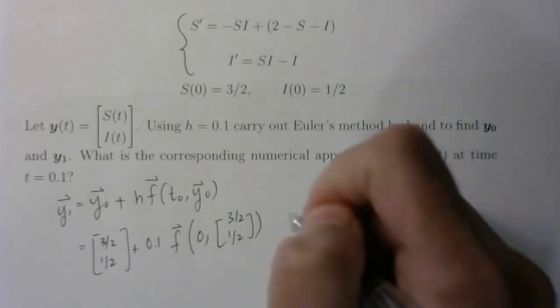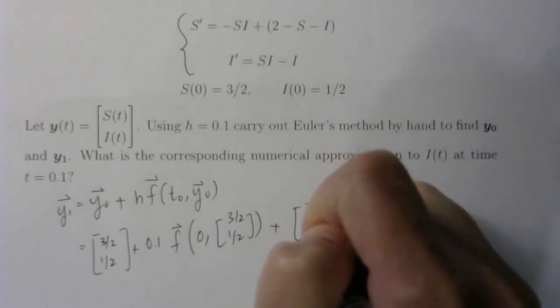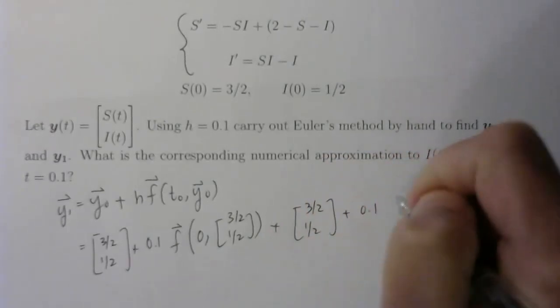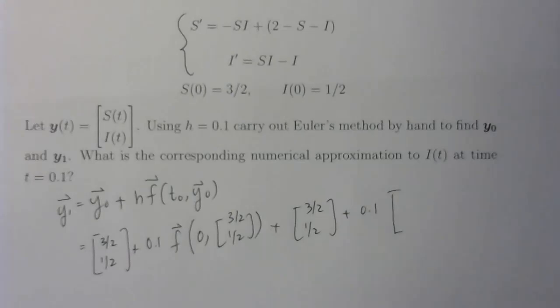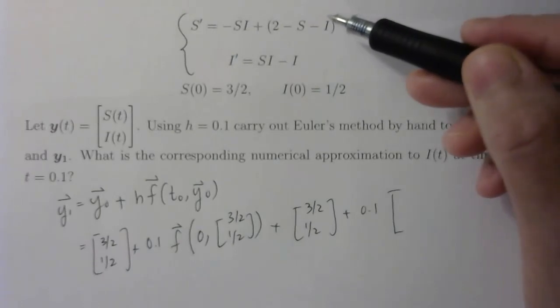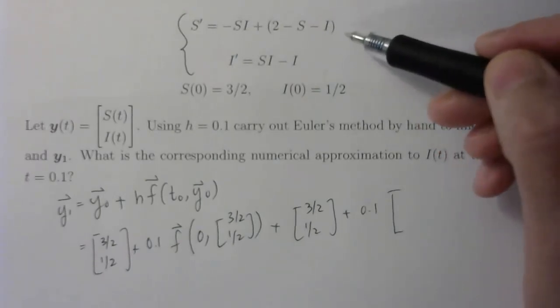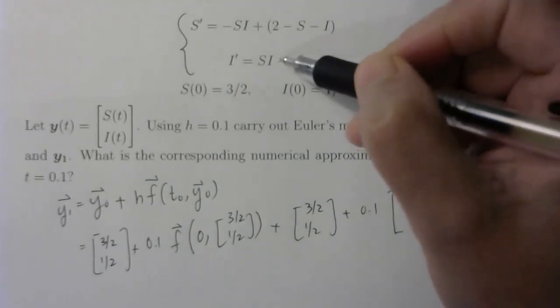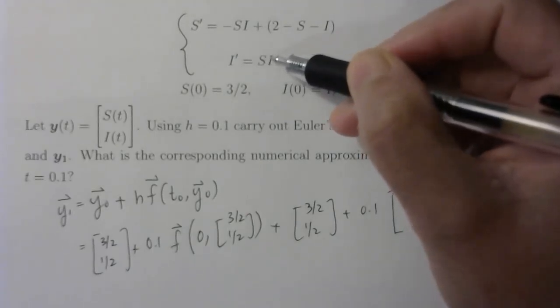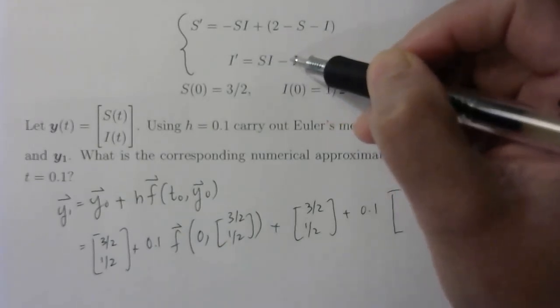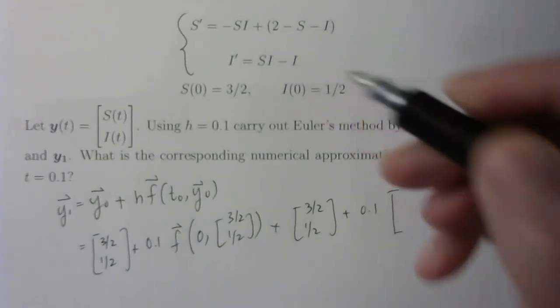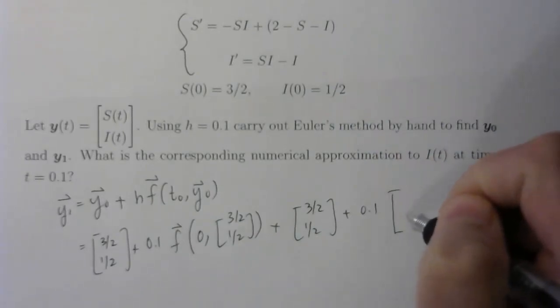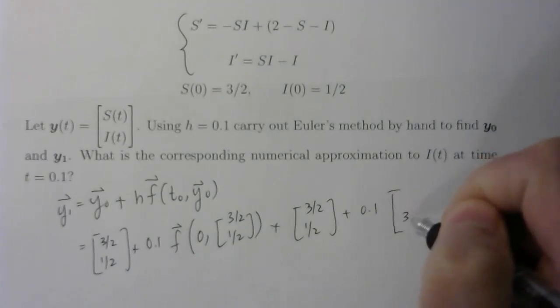Great. So then what's the functional value? These guys stay the same. So f, when I plug in 0, I look at these equations. There's no t up here, right? How do we compute this one? 3/2 times 1/2 is 3/4, minus 1/2.